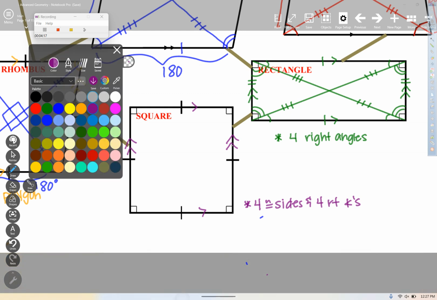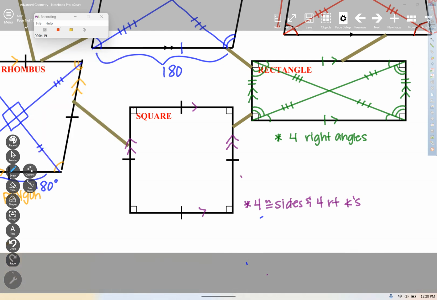Diagonals from a rhombus, they meet at 90. So if we draw our diagonals in there, let's fix that real quick. There we go. They meet at 90 degrees. And then from a rectangle, the diagonals bisect each other, which is great.